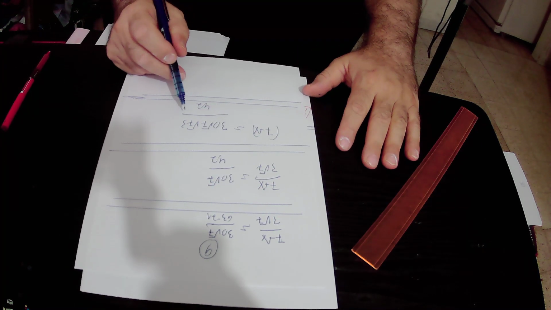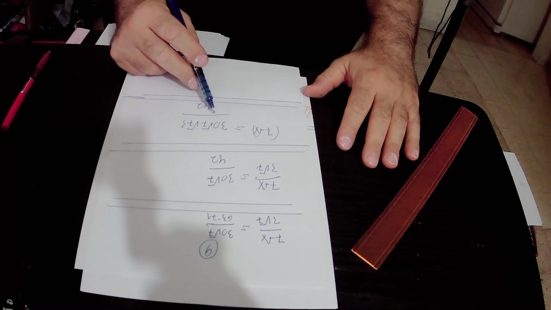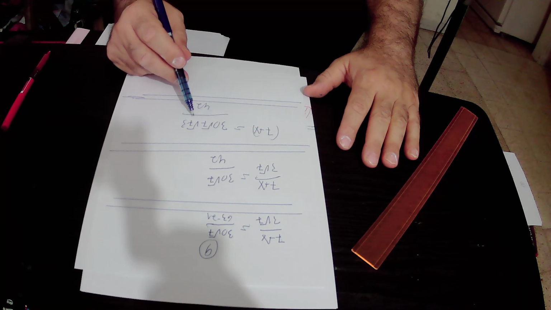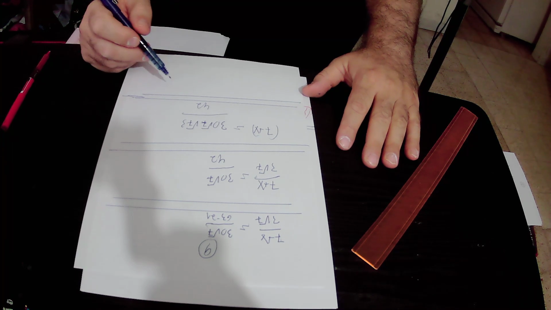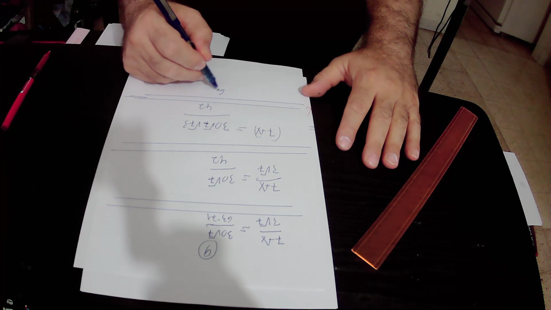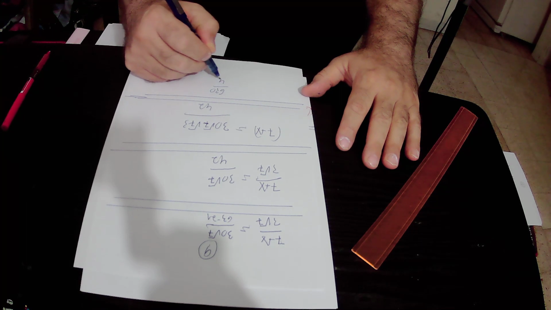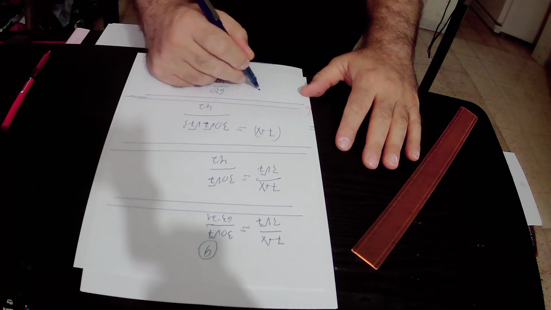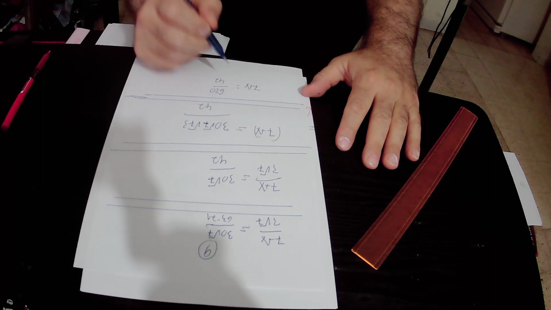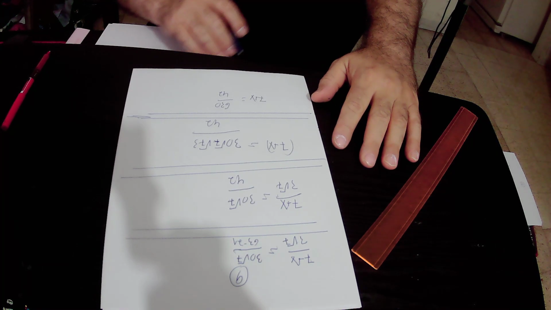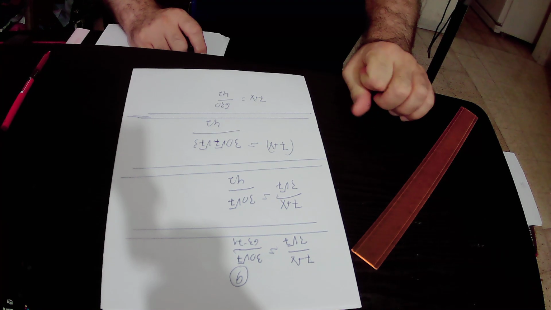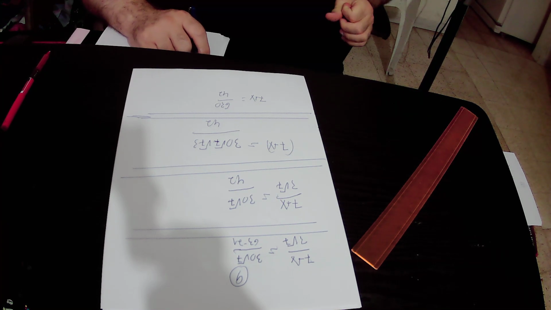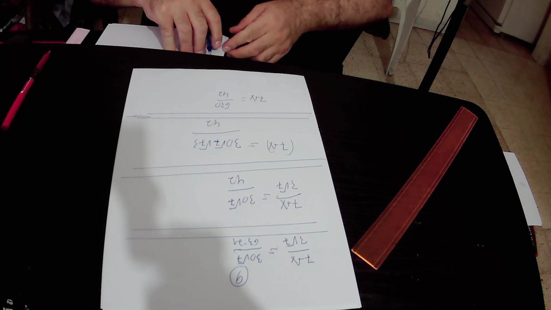Here 3 times 30 is 90, and root 7 times root 7 is 7, and 90 times 7 is 630. So we got that 7 plus x equals 630 over 42. And 630 over 42 equals 15.